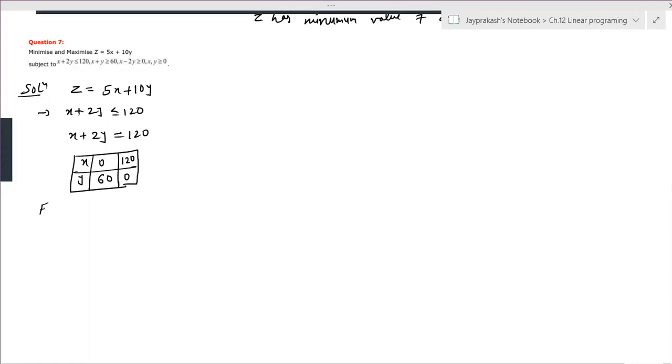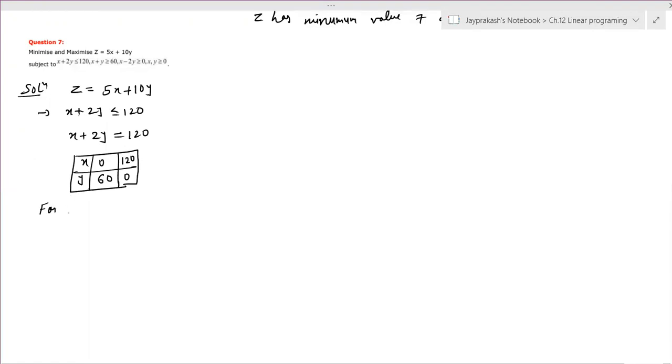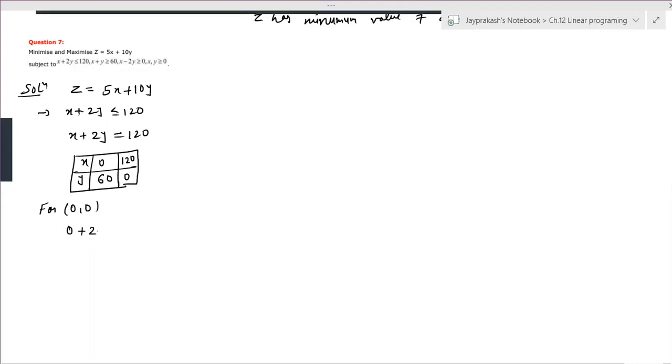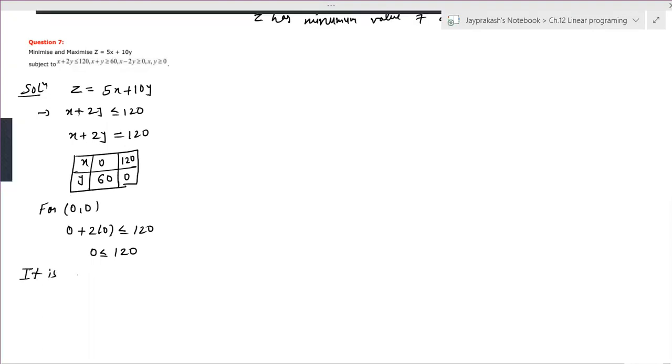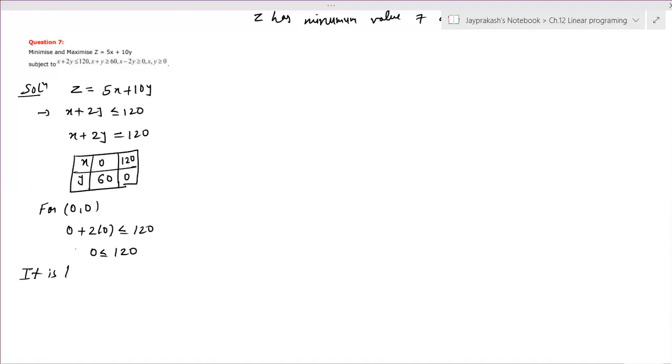Now we will check for the point 0, 0. It is true.